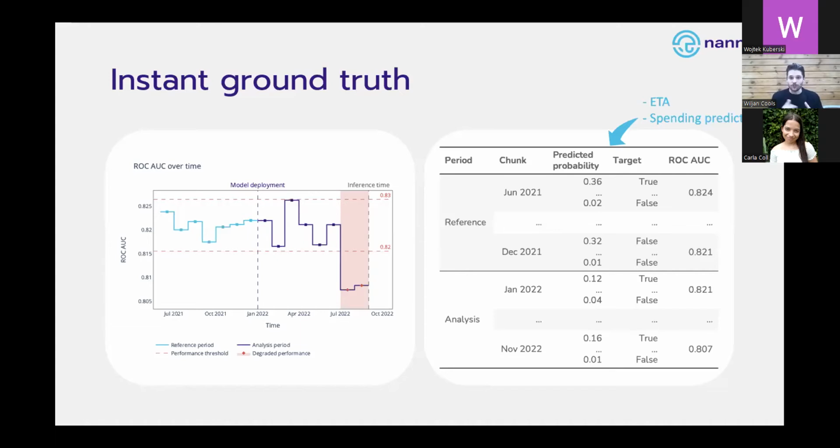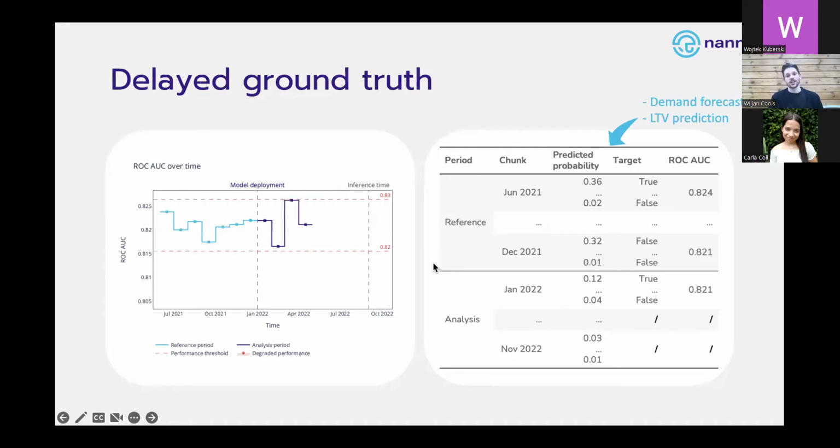Also, if a customer is on our platform doing certain actions, we can try to predict how much they are going to spend. After the customer has spent a little bit of time, we know instantly how much they have spent if they do a checkout, and we can compare and have a clear view on the performance.